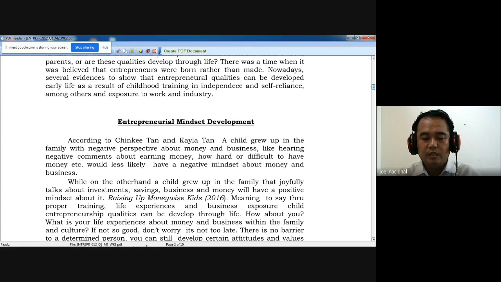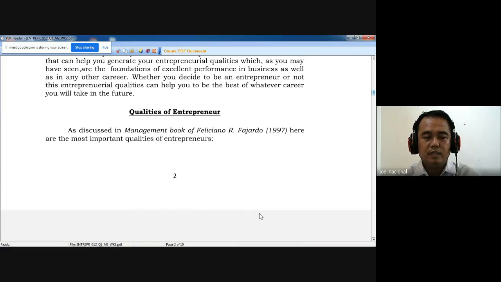You can still develop certain qualities and values that can help you generate your entrepreneurial qualities, which, as you may have seen, are the foundations of excellent performance in business as well as in any other career. Whether you decide to be an entrepreneur or not, these entrepreneurial qualities can help you to be the best of whatever career you will take in the future.